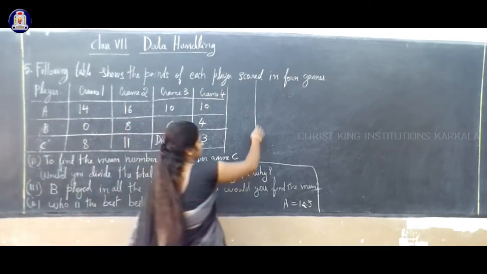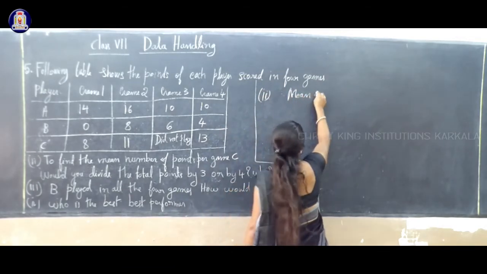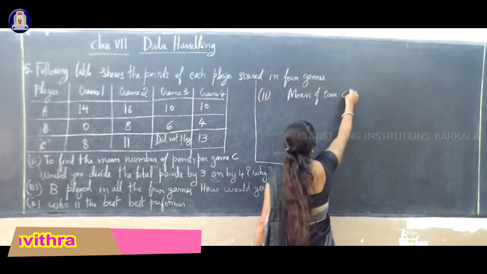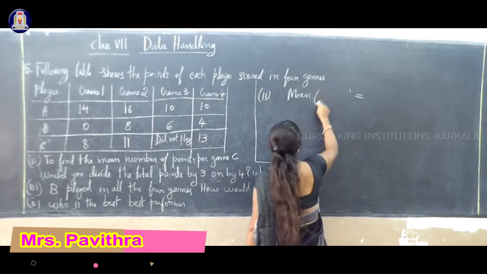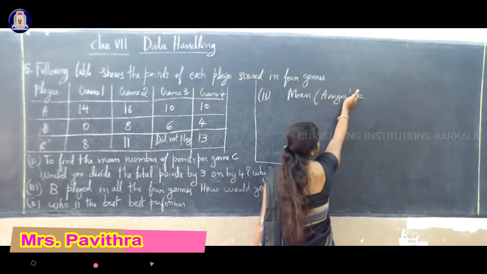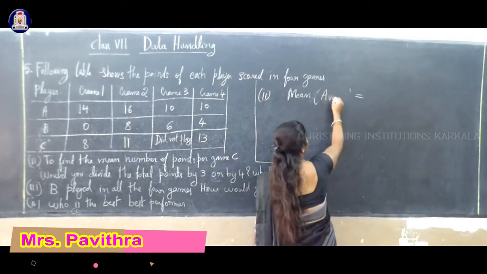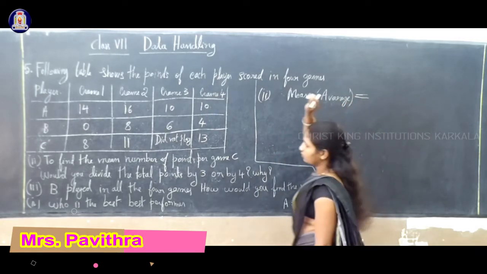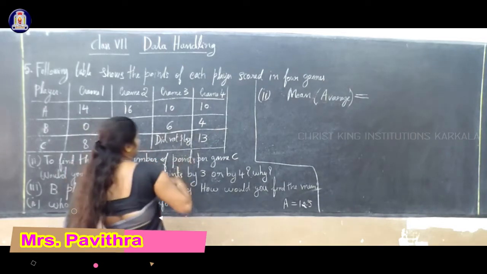Therefore, second question, the mean score of C, or you can write average. Average is equal to, how many games did he play? First, second, and fourth game.